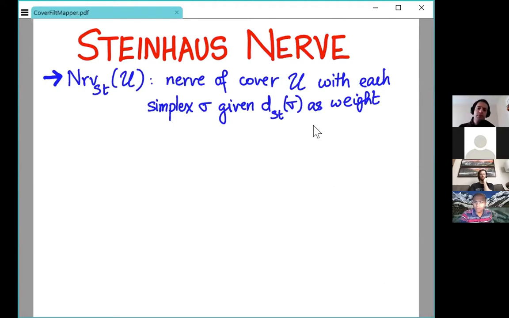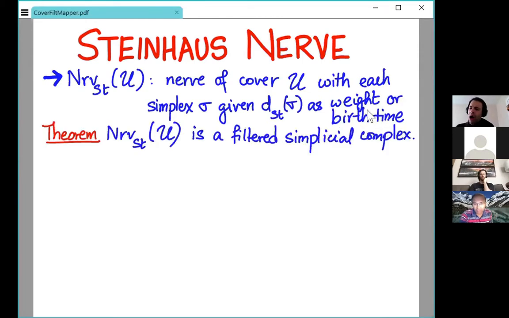But now, if you think of the weight as a birth time, that immediately gives us a filtered simplicial complex. We can prove that the Steinhaus nerve is actually a filtered simplicial complex. So you start with a single cover, but if you use these Steinhaus distances as weights and alternately as birth times of those simplices, then you get a filtered simplicial complex.